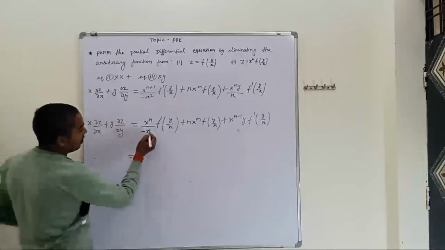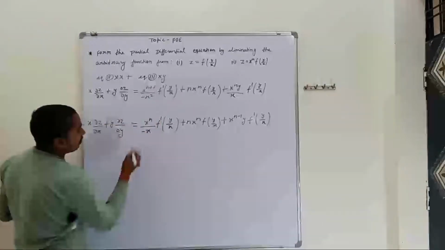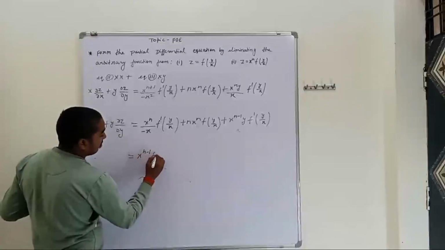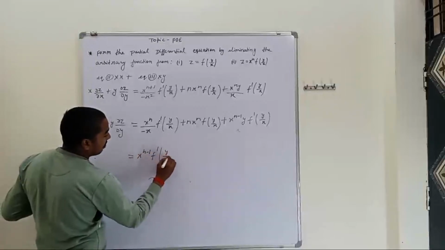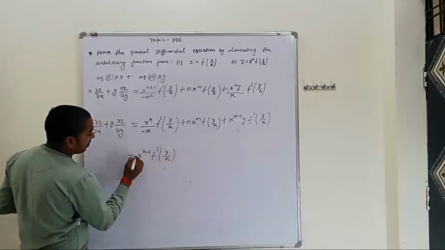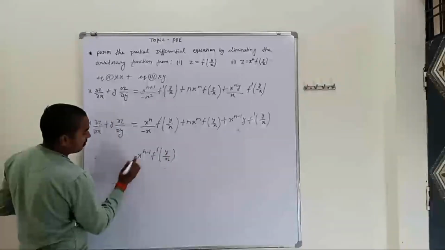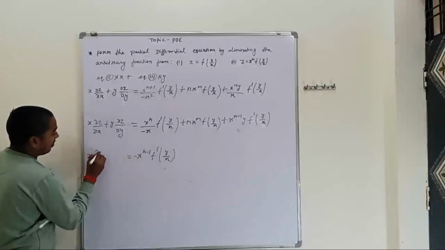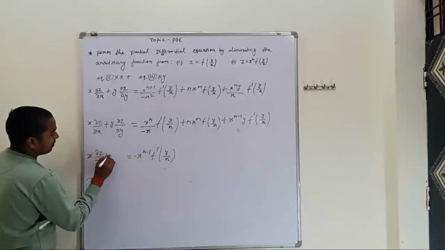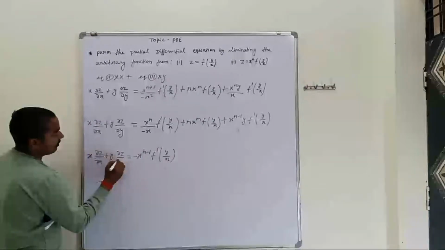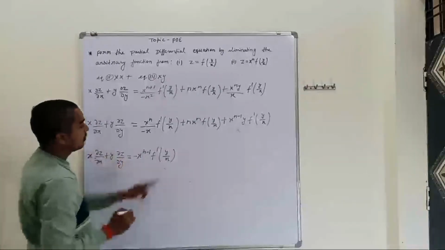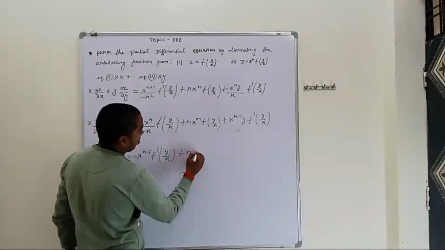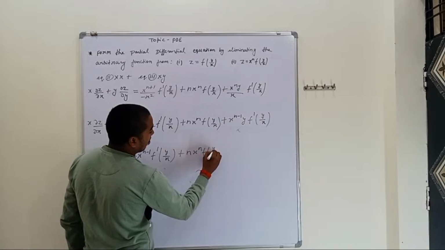Further, x is taken into numerator, that is x^(n-1) f dash y by x, and this is minus x del z upon del x plus y del z upon del y plus n x^n f of y by x.